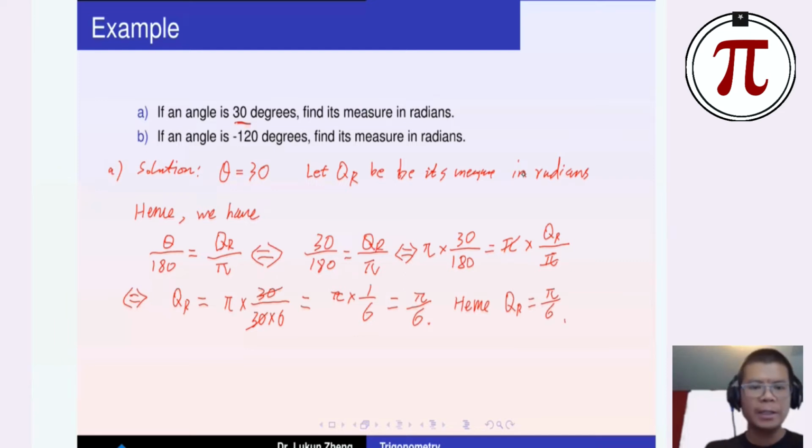Okay, very good. Now, can you find B using a similar method?